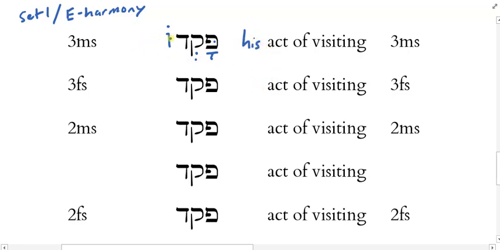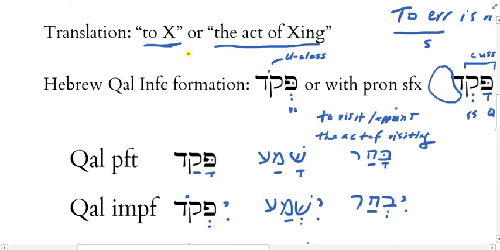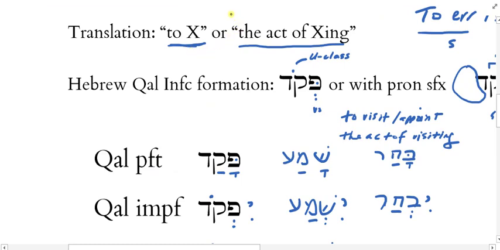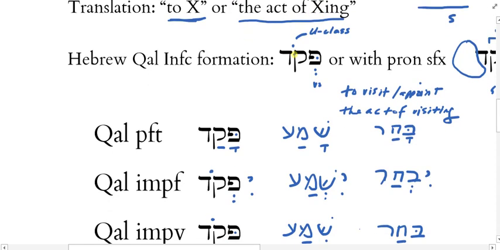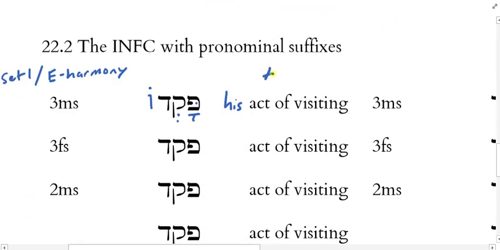This is why, by the way, I wanted to encourage you up here in my little exhortation to adopt this other way of translating the infinitive construct as frequently as you adopt the English way of rendering an infinitive: the act of verbing, the act of whatever that verb means. Okay? Because if you try to translate the infinitive construct with the rendering 'to visit,' and then you have this pronominal suffix added indicating who it is that's doing the visiting, it's not going to make a good English sentence.